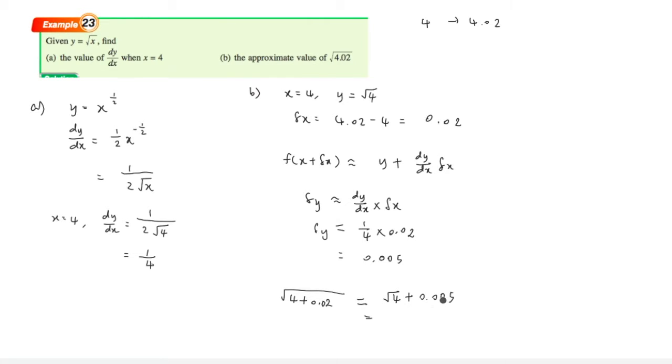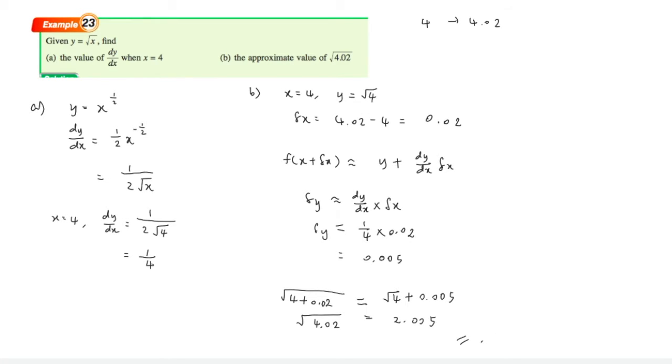So 2 plus 0.005, so the answer is 2.005. So x plus delta x equals y plus delta y, this is the answer, because here square root of 4.02 equals 2.005. Therefore, the approximate value of square root of 4.02 equals 2.005.